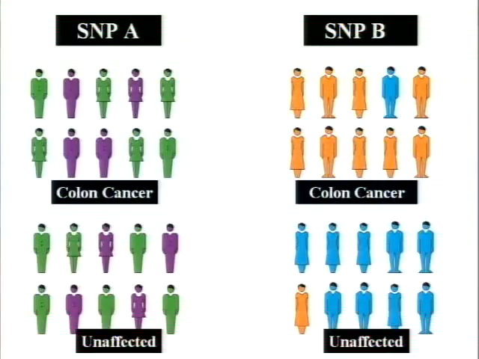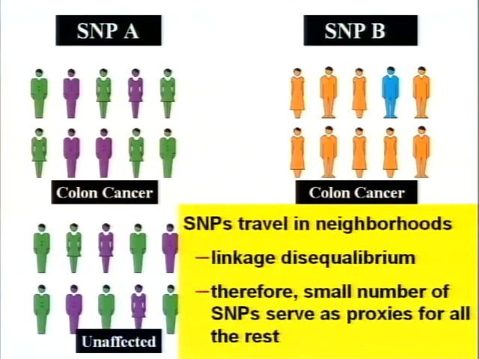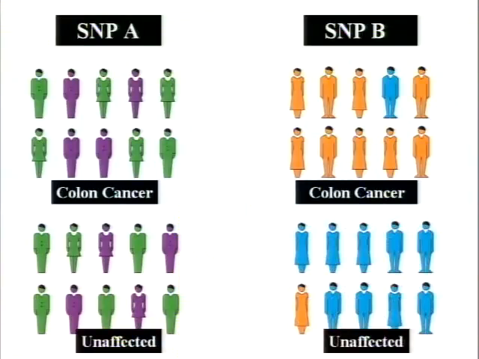For example, if we look at SNP-A, you can see, looking at a large cohort of several thousand patients, some with colon cancer and some unaffected, about 1,000 plus in each group, no real difference with SNP-A. But with SNP-B, we see a clear difference for those that have colon cancer.